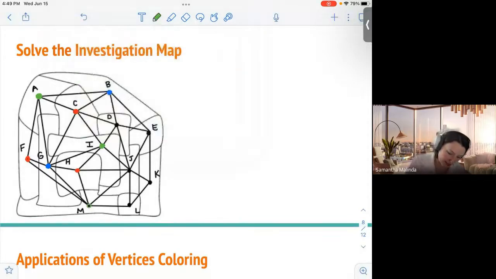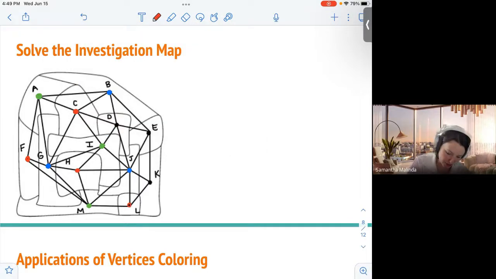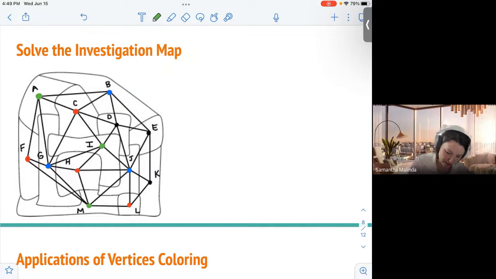So let's duplicate that. J would probably have to be blue because look, it has a connection from I, H, and M, which is red and green. So let's make that blue. And you might realize around J, you would just kind of go back and forth between red and green.